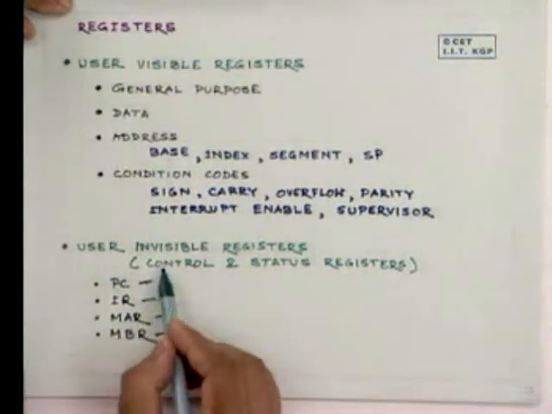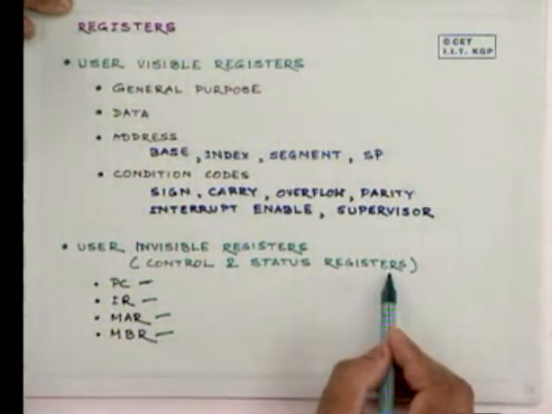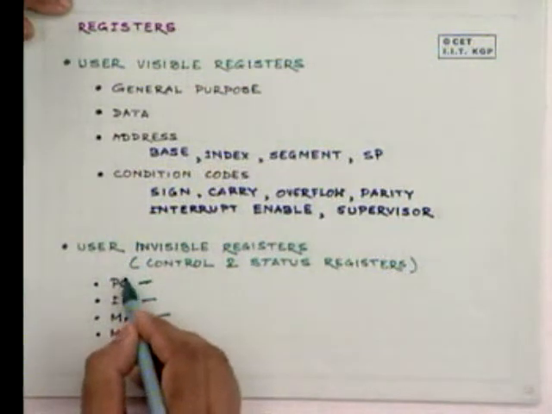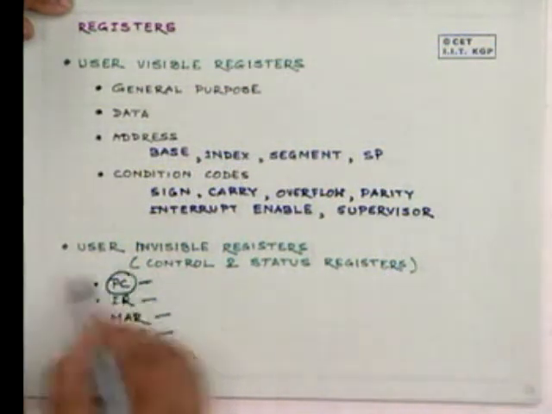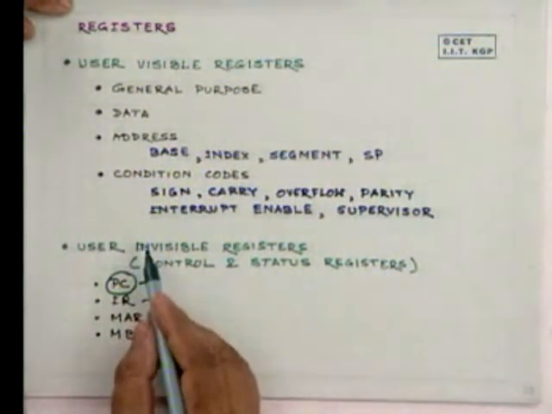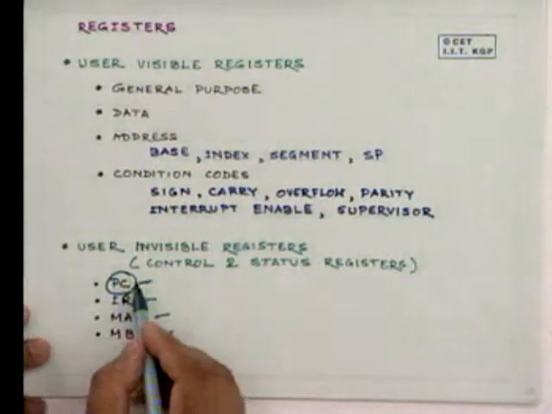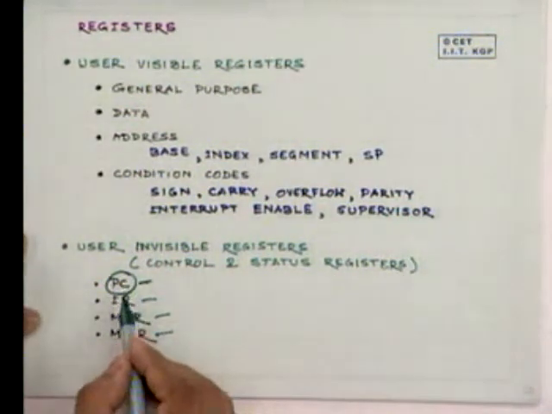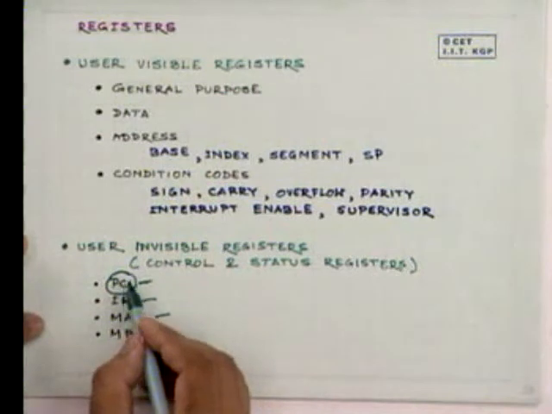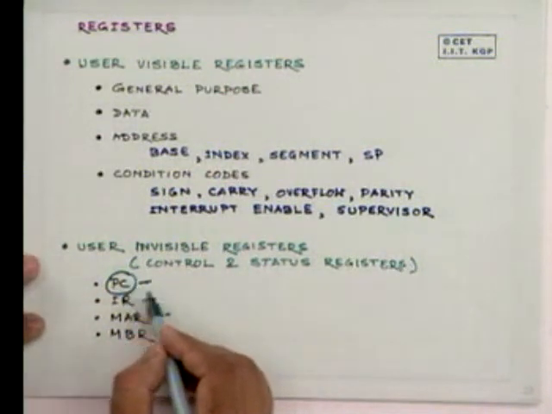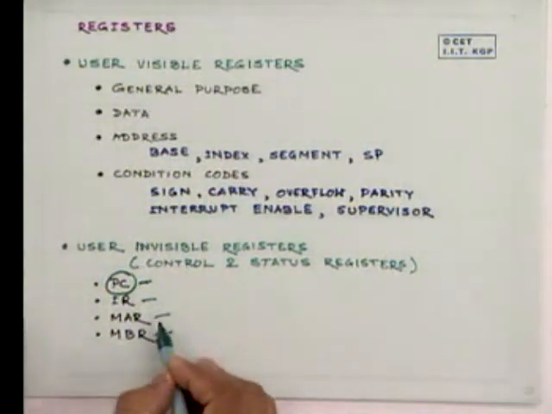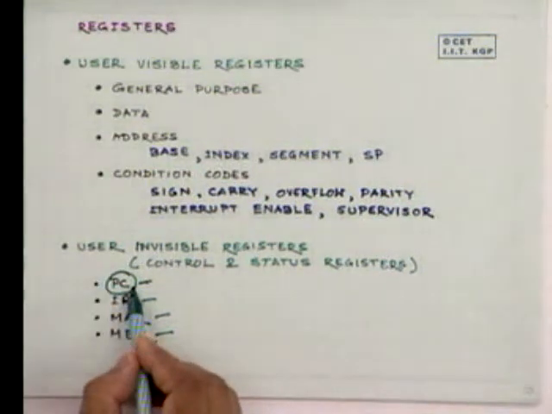Okay, they are sometimes called the control and status registers also. Now, in many machines, the program counter is visible also. Okay, therefore, sometimes we say that the program counter is partially visible. That means it may be visible, it may not be visible.